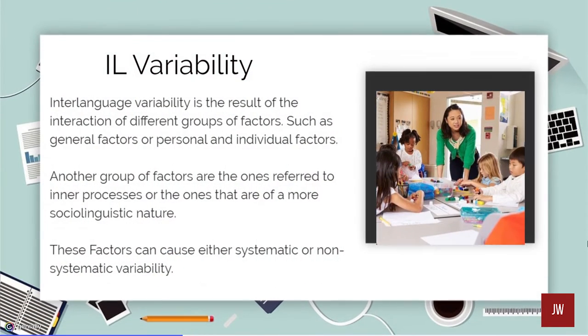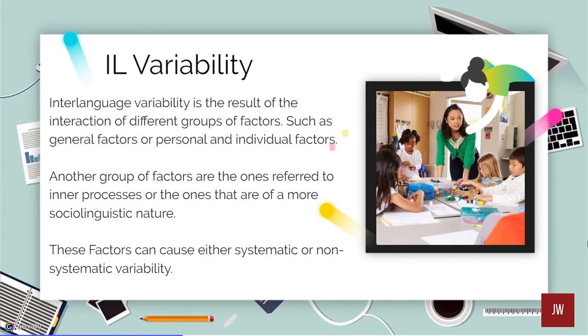Now that we know what interlanguage is, we can talk about interlanguage variability, which is a complex and multidimensional issue, and definitely one worth studying. It is the result of the interaction of different groups of factors, such as general factors or personal and individual factors.